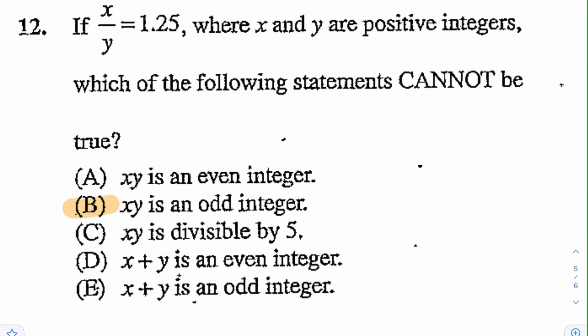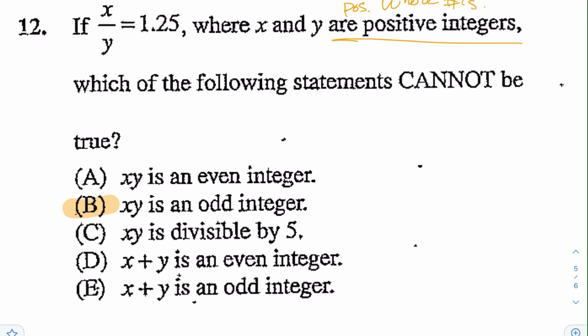All right, next for number 12, if x divided by y is 1.25, where x and y are positive integers, which of the following statements cannot be true? So here they're whole numbers because they're integers and they're also positive. And we just want to go through all the choices to see which of the following cannot be true. Choice A says x times y is an even integer.